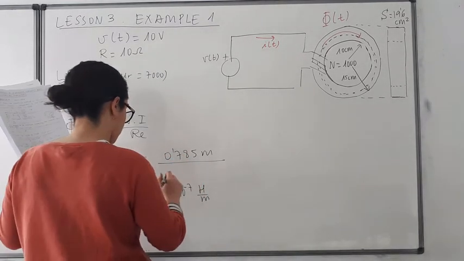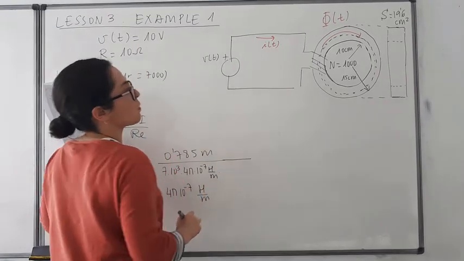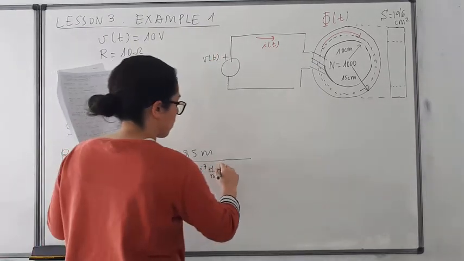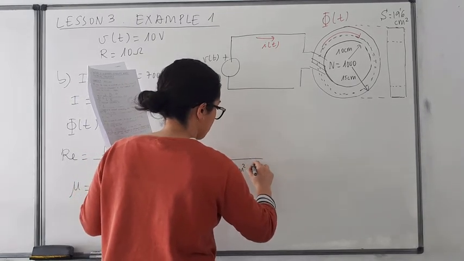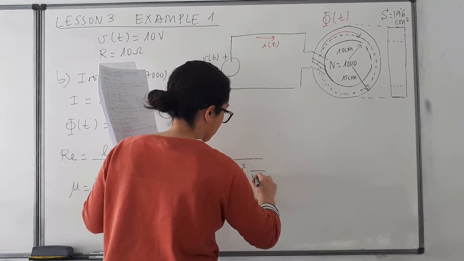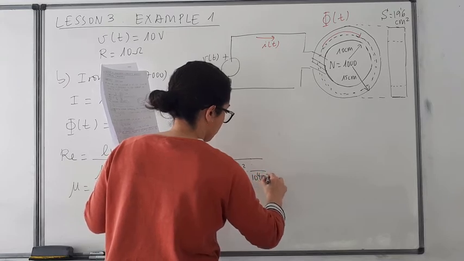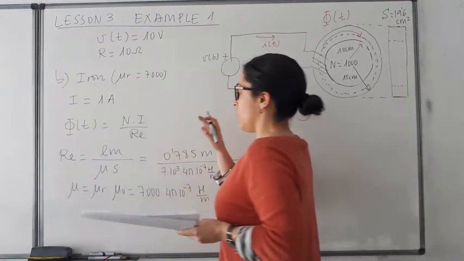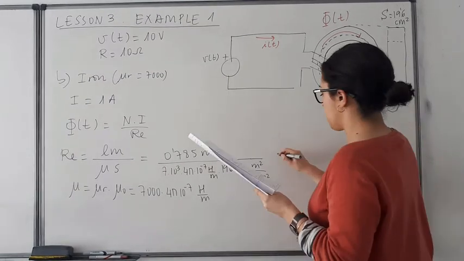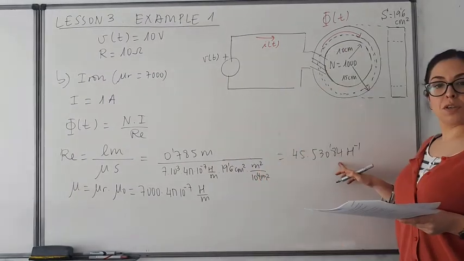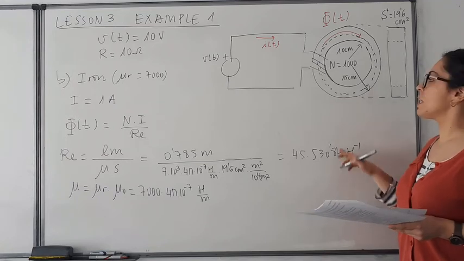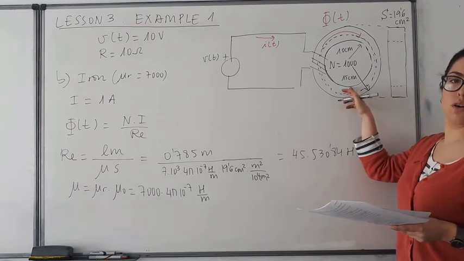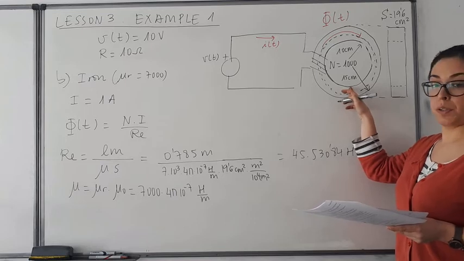You can introduce this. And you need to introduce the cross-section. Remember to change the units from square centimeters to square meters. If you do so, the reluctance that you obtain is this one, which as you can see is considerably lower than the reluctance that we obtained when the magnetic core was made of wood.